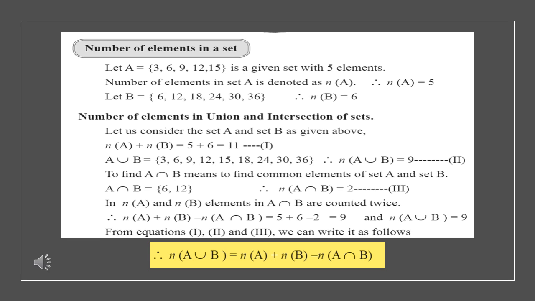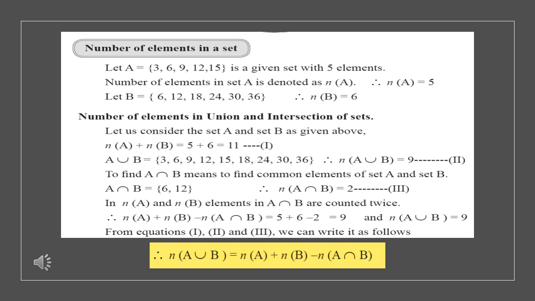Now we are going to find out the relation between number of elements in union and intersection of sets. Let us consider set A and set B as given above. First we find the sum of number of elements of set A and set B. So we get 5 plus 6 which is 11 and this is my first equation.